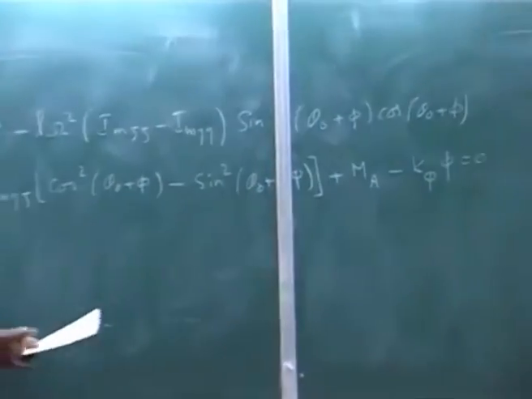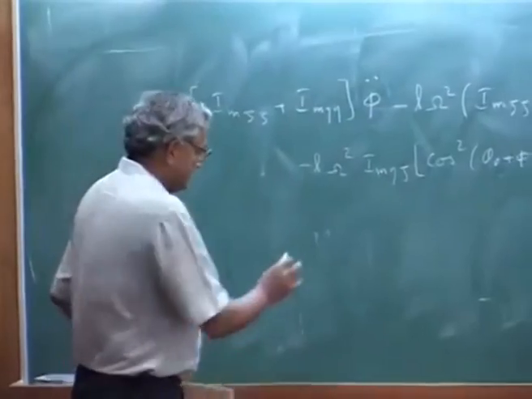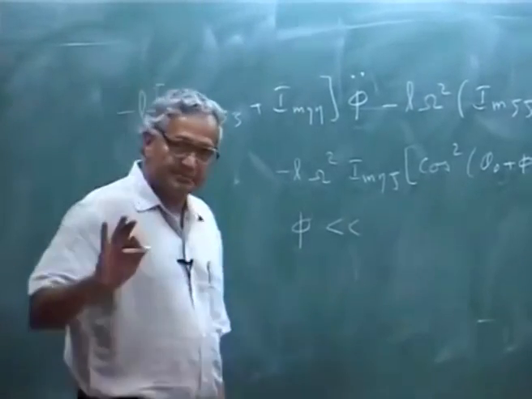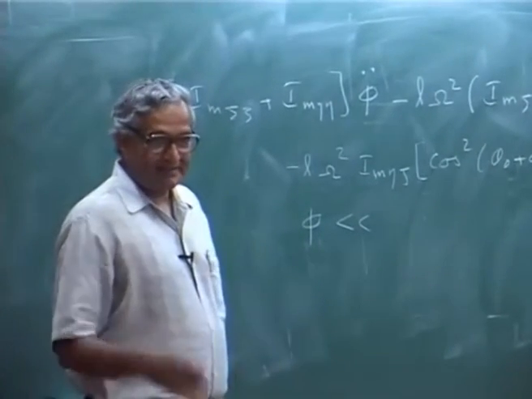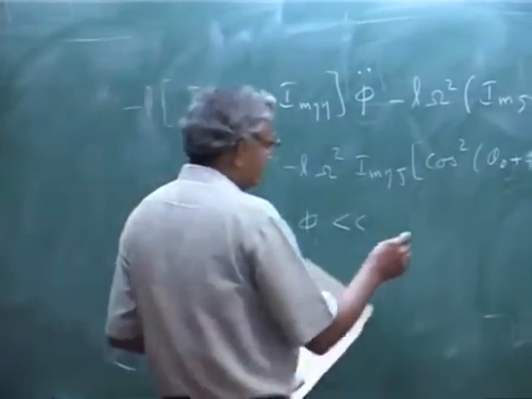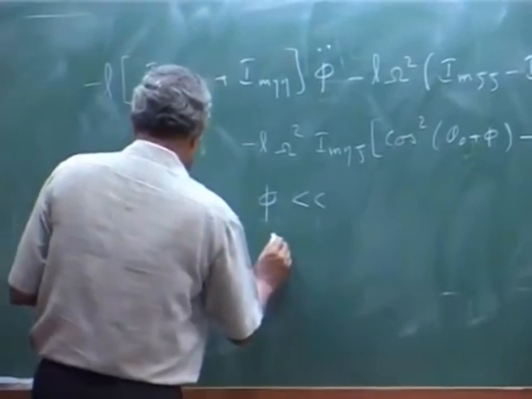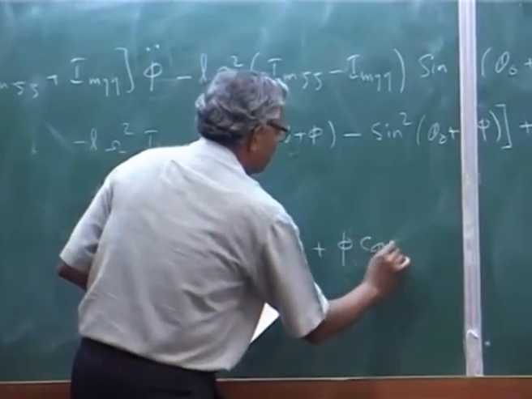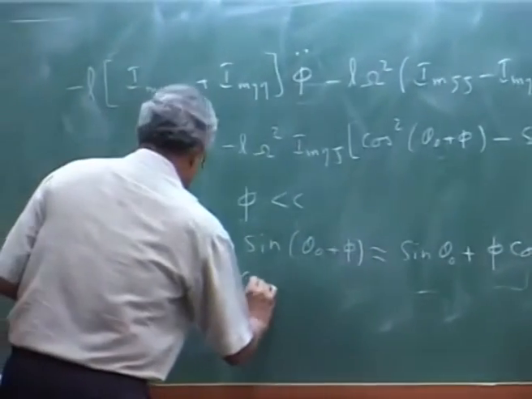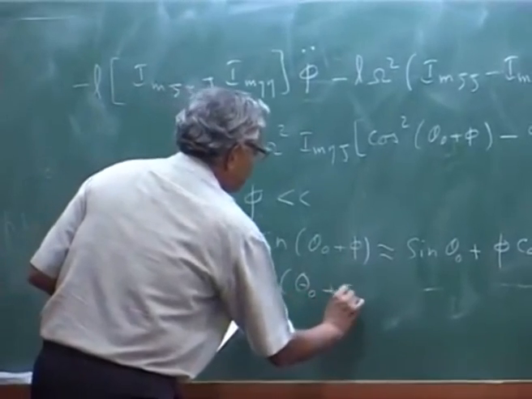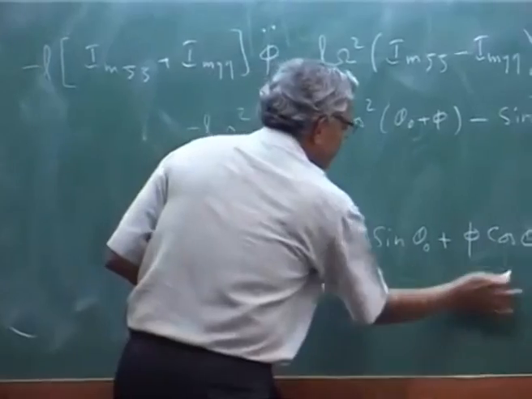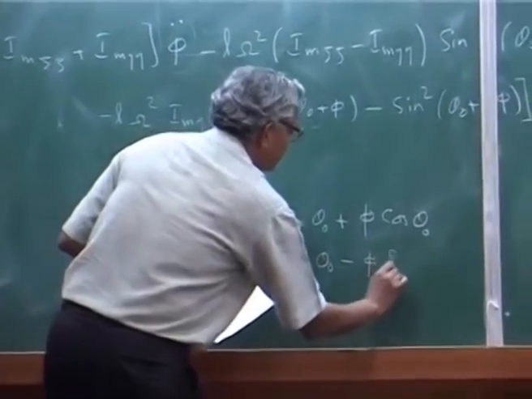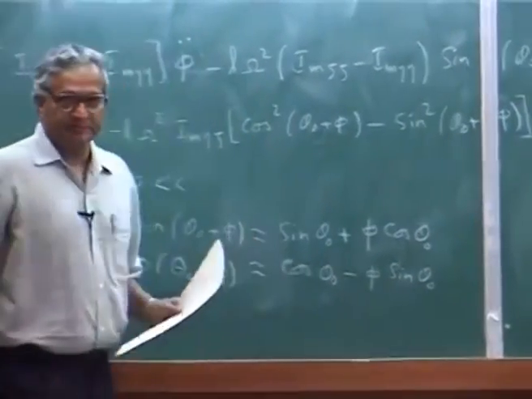Okay. Suppose if we say phi is small, but theta naught is not small, that is the pitch angle, then you can approximate sine of theta naught plus phi as sine theta naught plus phi cosine theta naught, and cosine of theta naught plus phi as cosine theta naught minus phi sine theta naught.